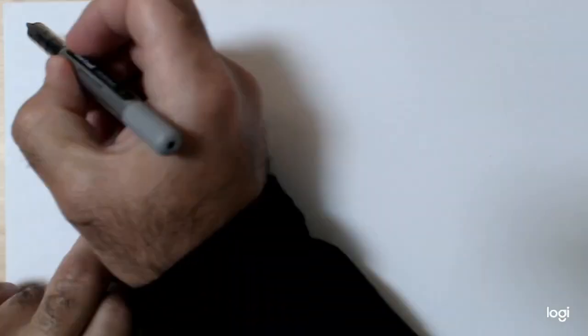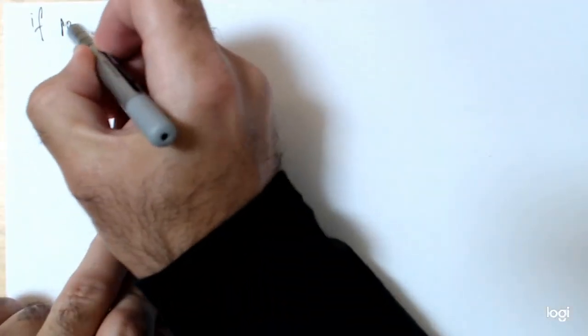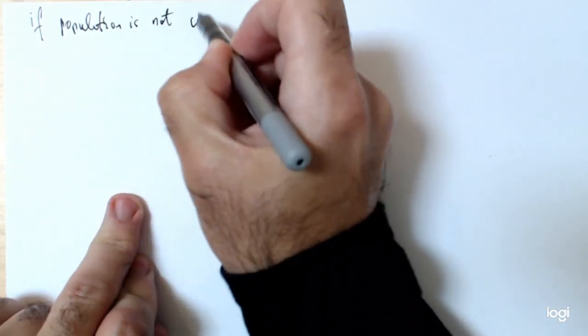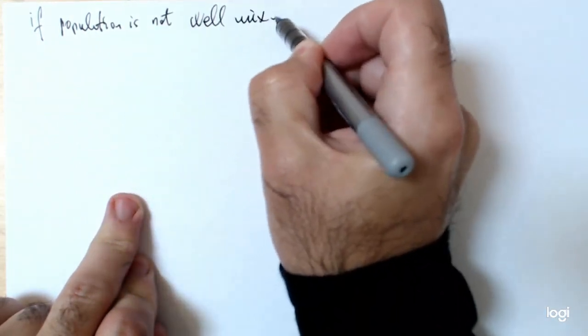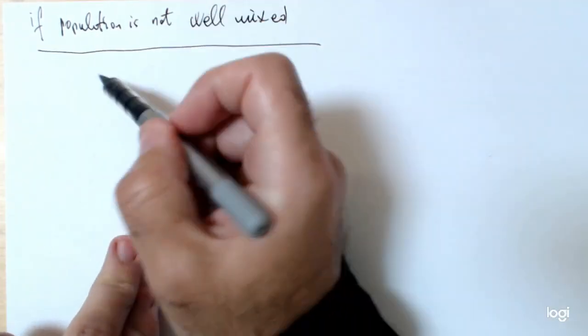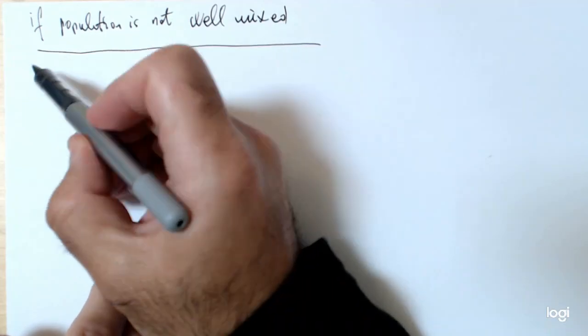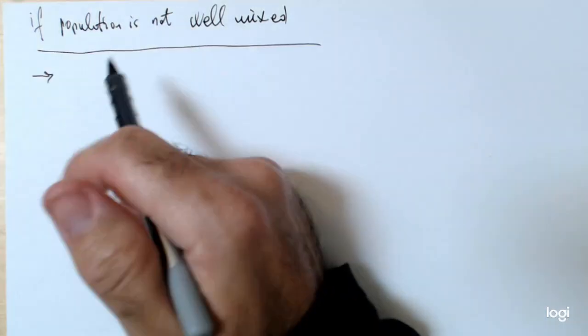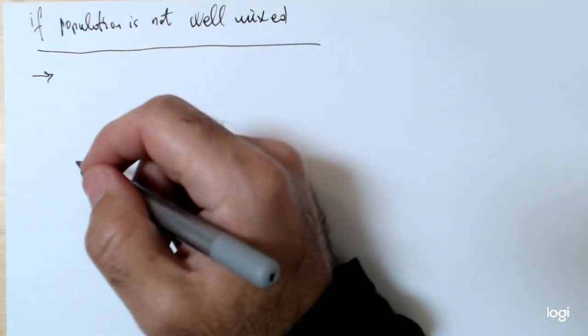So what if the population is not well mixed? In that case, let's go a little bit faster on this one. If the population is not well mixed, when we go over that list of what you write from the point of view of one infectious individual, you can't assume anymore that an infectious individual meets a fraction of the total population, right?